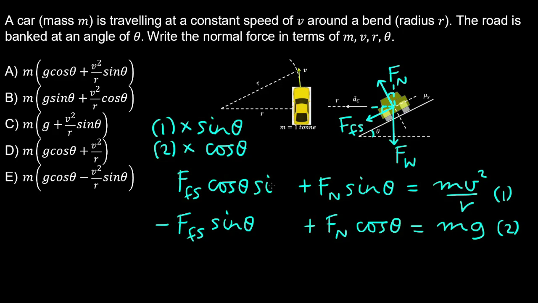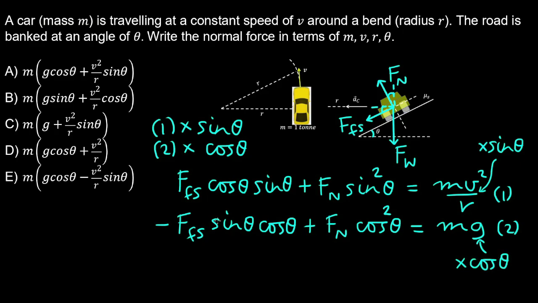So we have sine theta and sine squared theta and mv squared by sine theta. And in the second equation, which we'll multiply by cosine theta, we end up with cosine squared theta and mg by cosine theta.